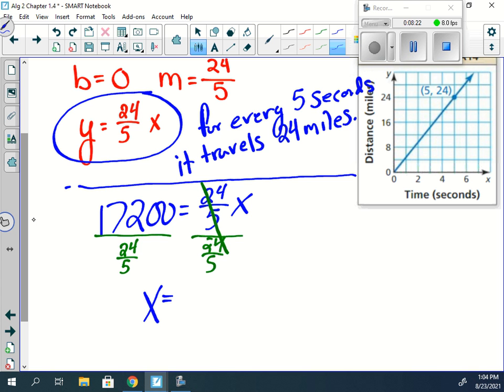Now at this point here, we can type this into a calculator. We can type 17,200 divided by 24 over 5. And if we type this in, we'll get 3,583.3 repeating seconds.